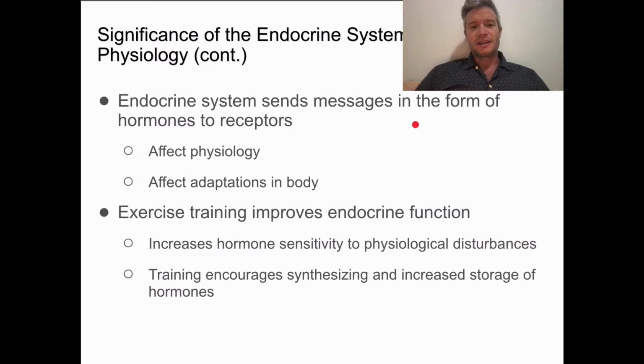It'd be if one of the social media platforms put an announcement out on everybody's Facebook, or target people's Facebooks with targeted ads, and it can go worldwide, versus something like a nerve signal, which is very direct. It's one-to-one, or has a very specific response that is elicited through that nerve. So yeah, it sends messages in the form of hormones to receptors.